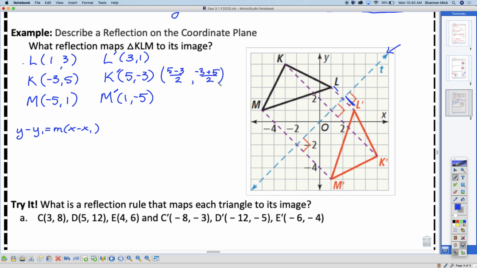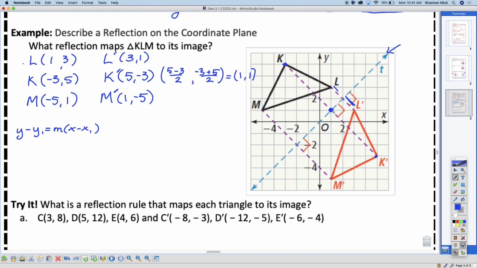And that's a point, yes? So 5 minus 3 is 2. 2 over 2 is 1. Negative 3 plus 5 is 2, over 2, which is 1. So on the line between K and K prime, I should meet at 1, 1, do I?